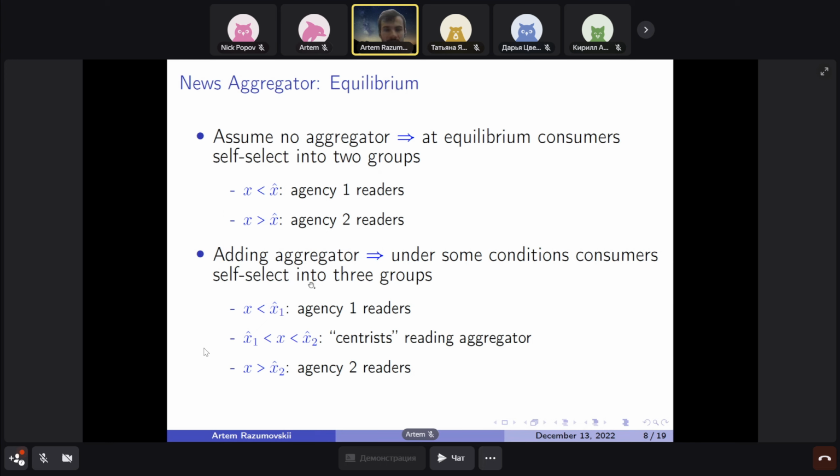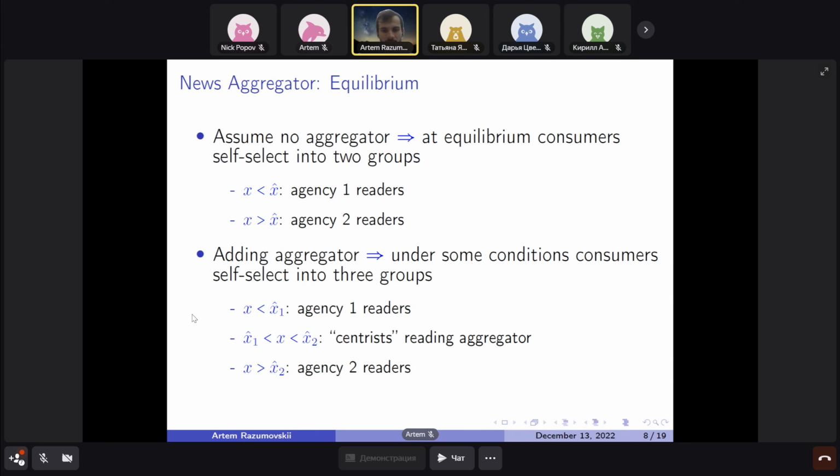Can you say something about where they are placed on the interval 0, 1? I think x hat should be between the other two, unless they are equal and only one guy joins the aggregator. Yeah, thank you.